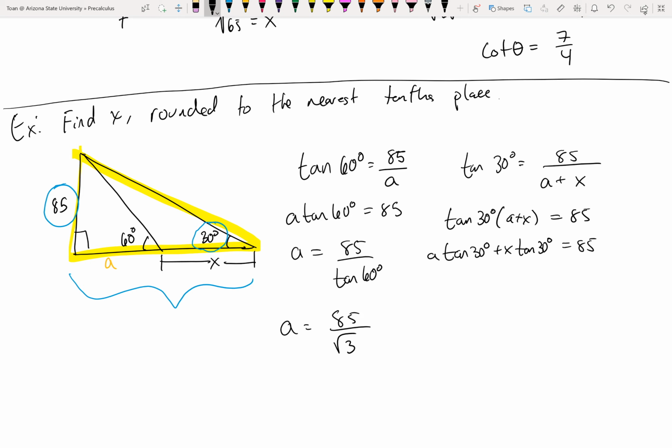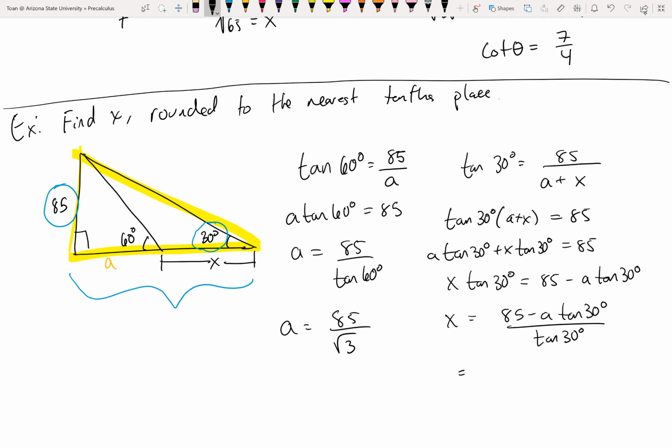I'm solving for x, so I'm going to subtract this guy because he doesn't have any x's. X tangent of 30 degrees equals 85 minus a tangent of 30 degrees. And then the last step to solve for x is to divide out that tangent of 30.